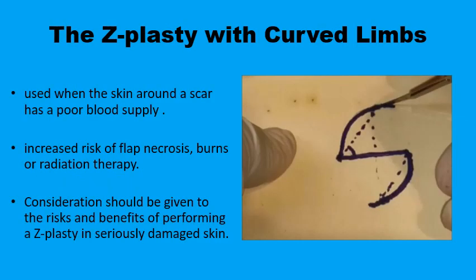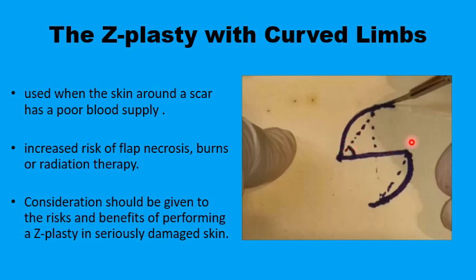There would be situations in which there would be concerns about the viability of the skin flaps of the Z-plasty, particularly the tip of the flaps where you expect a significant reduction in the blood supply.